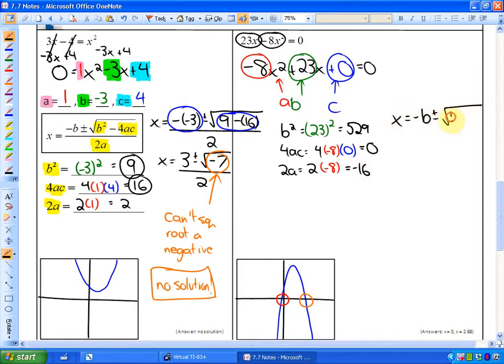If I go ahead and substitute those into the quadratic formula, x equals negative b plus or minus the square root of b squared minus 4ac all over 2a, here's where I'm substituting those values.